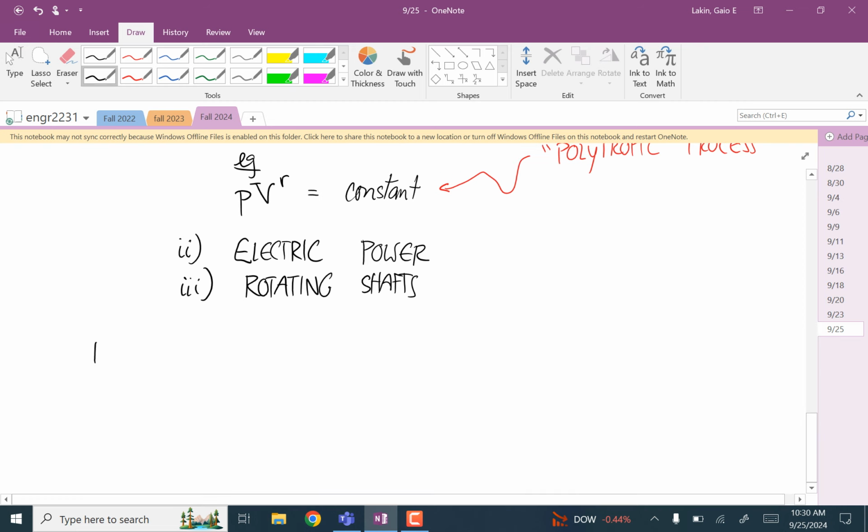And then the second overall category is the first law of thermodynamics. And so far, we've only talked about this in closed systems.